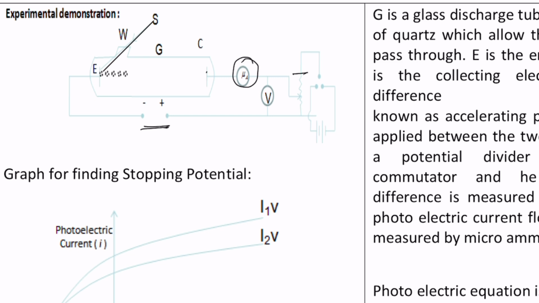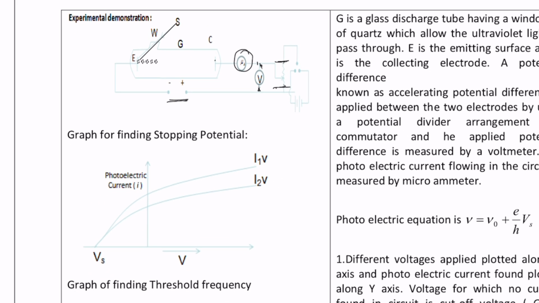The output is obtained here. And this is the applied voltage. So the graph is like this. When the voltage is increased in the positive direction, the current increases. As the voltage reduces, the current sharply decreases and becomes 0. This particular voltage at which the current becomes 0 is called stopping voltage, correct?